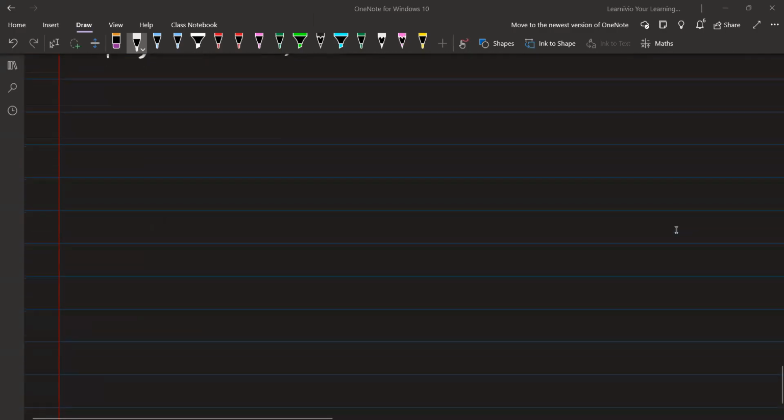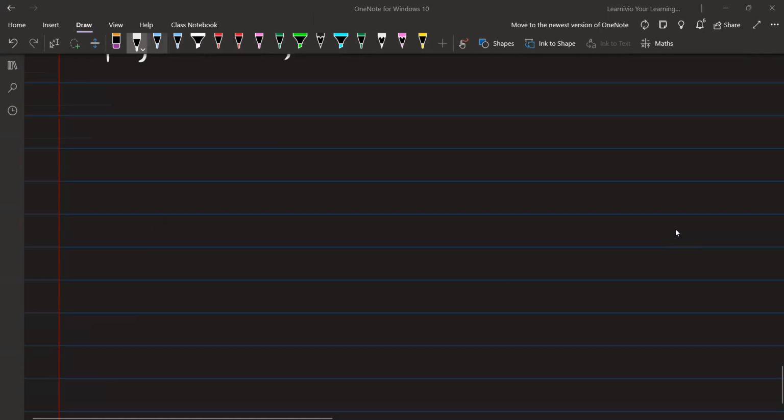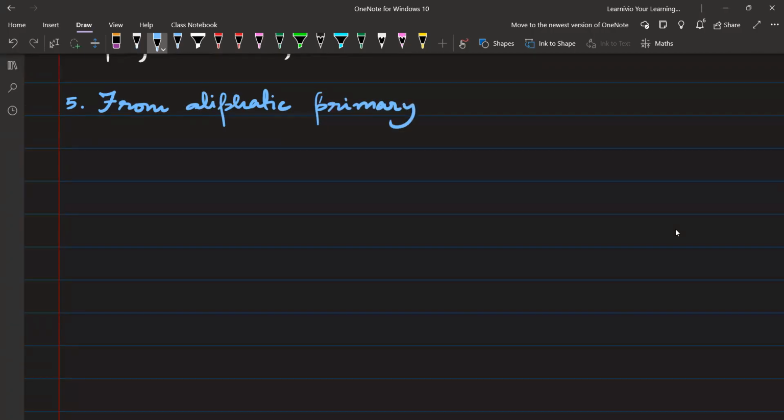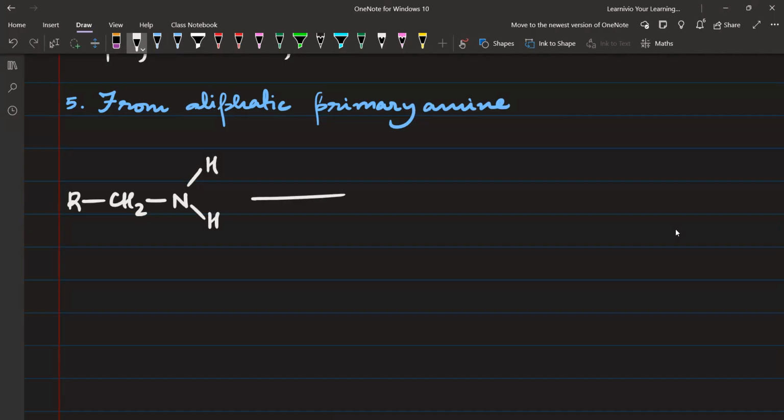Right, the last method of preparation, from aliphatic primary amine. Here we have R, CH2, N single bond H, and single bond H. We have here HONO.